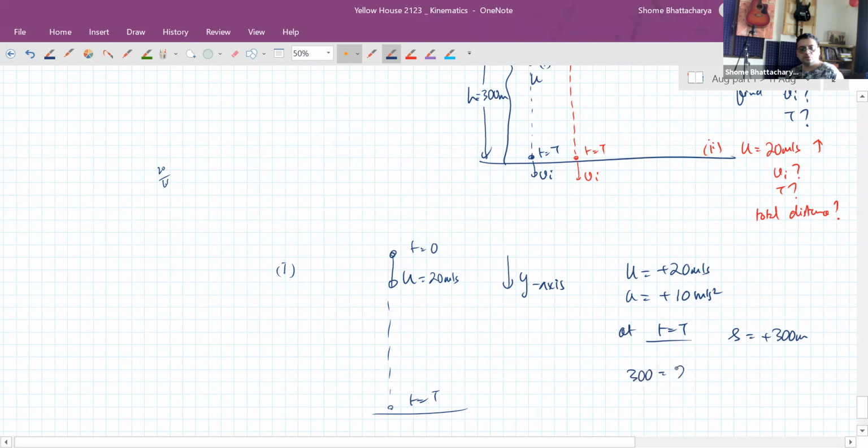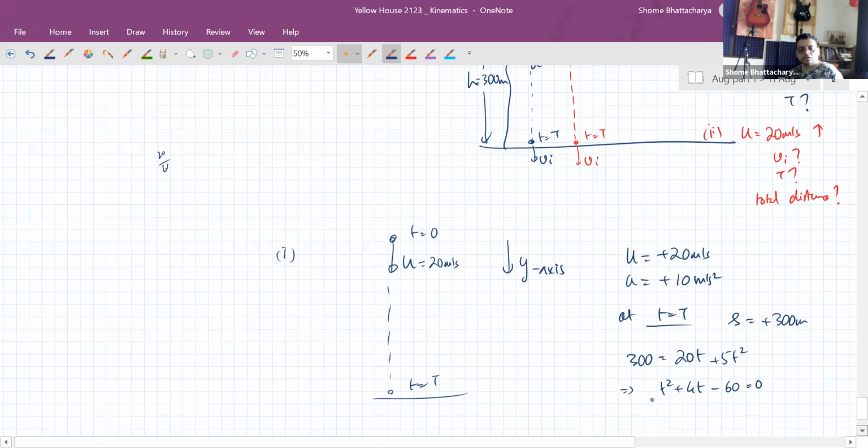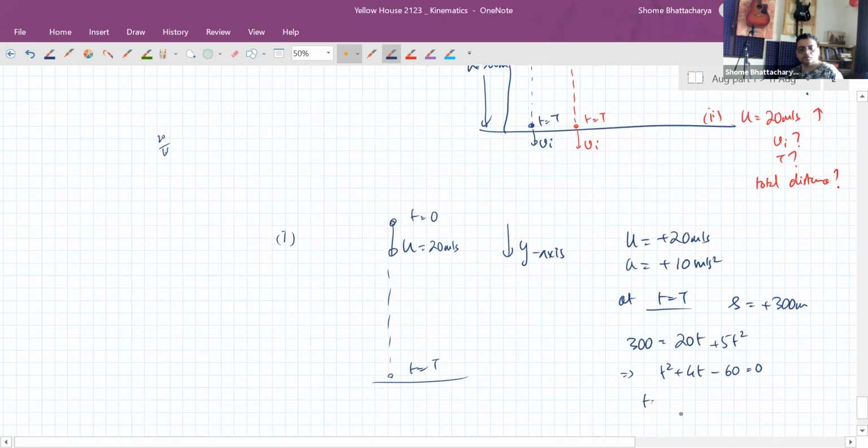So 300 should be equal to 20t plus 5t square. So we solve this for time. Okay. So we get t as, can't take this, we'll take this. Sorry, other way around. This is the solution.